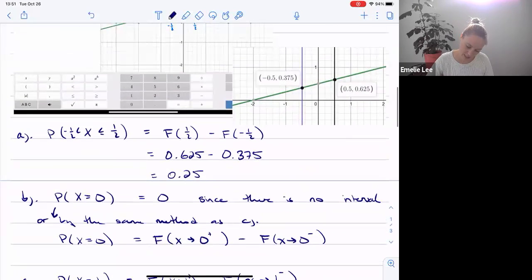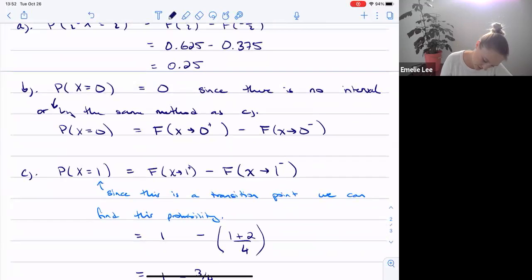Now on this line here, x equals 0 is right here in the middle. As I approach it from the left as well as from the right, I end up at the same value. So this becomes (0 plus 2) over 4 minus (0 plus 2) over 4.